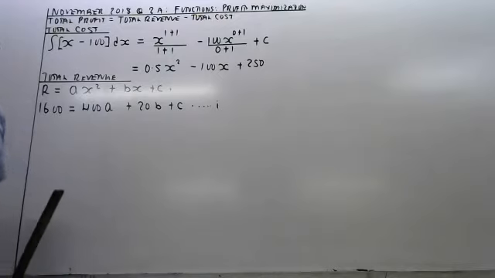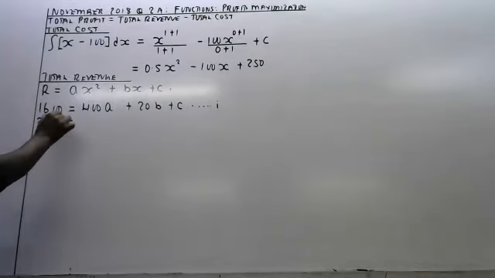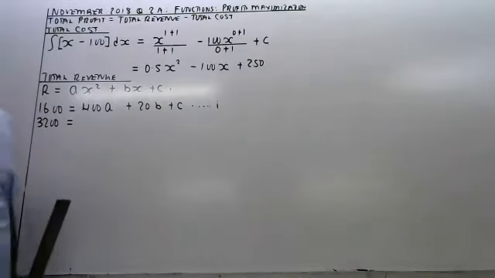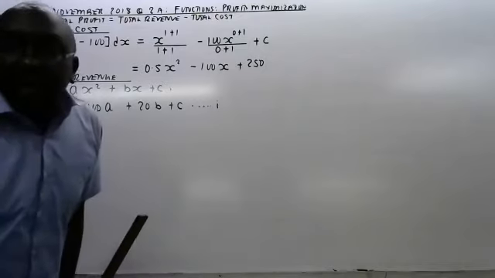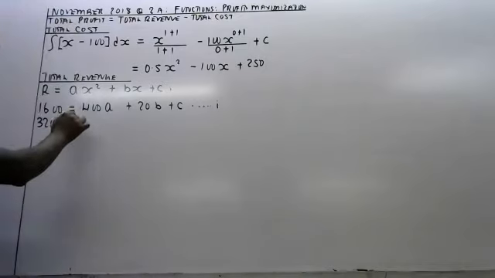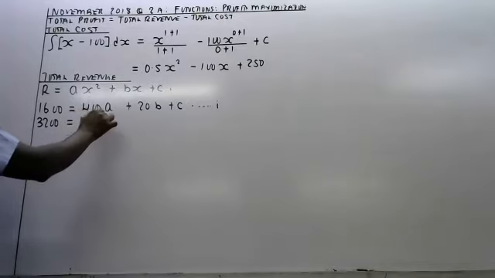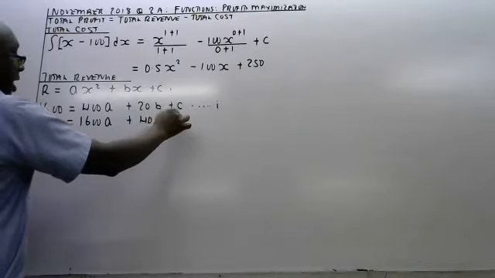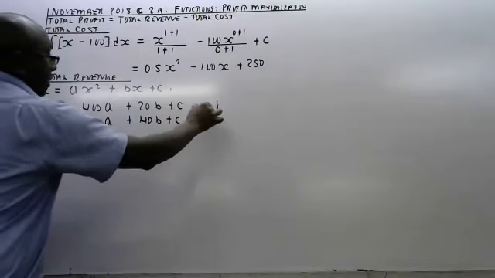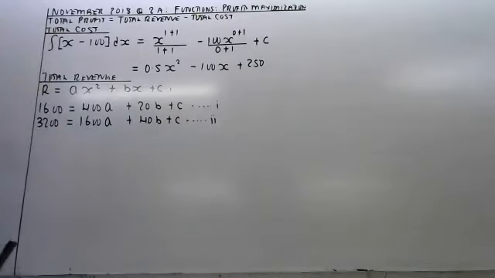You bring the second one, 3,200 being equal to 40 squared, which is 1,600. 1,600A plus 40B plus C. And this one you call number 2.